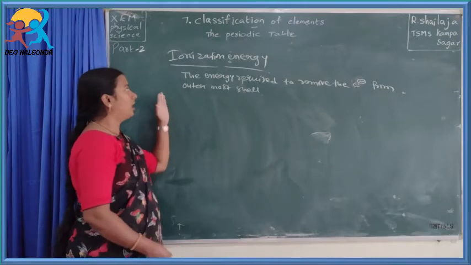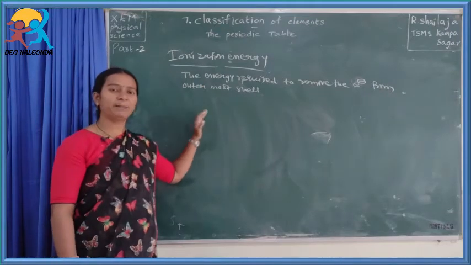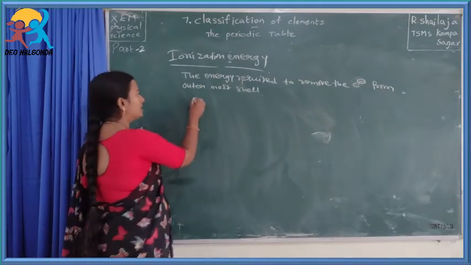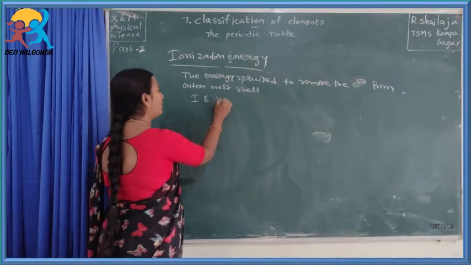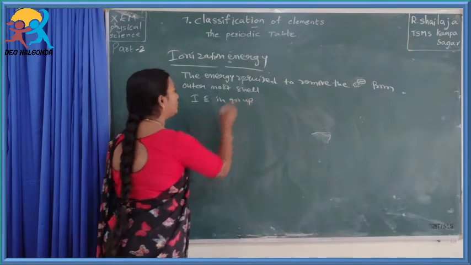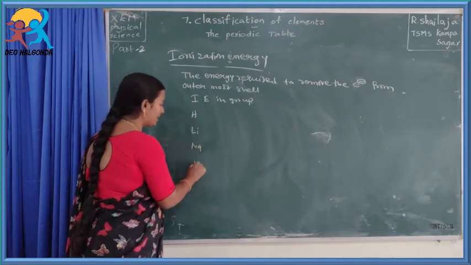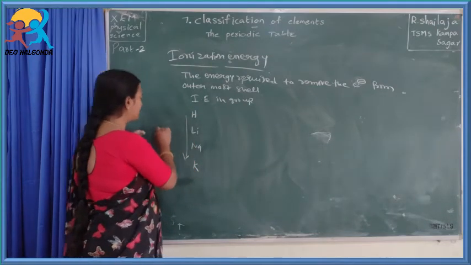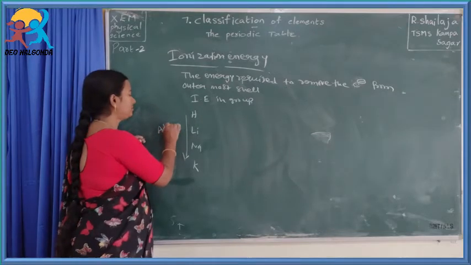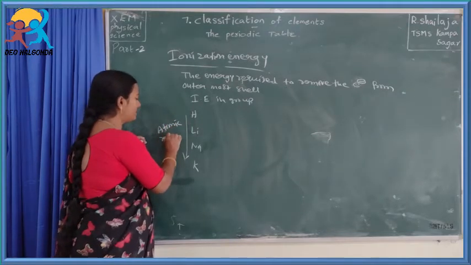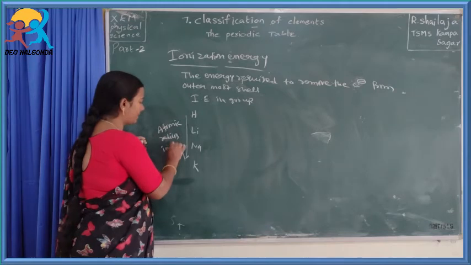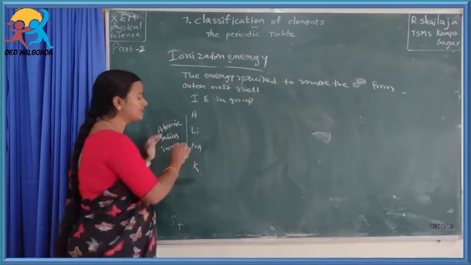So how does this ionization energy vary in the period and group? First, the ionization energy in a group. In a group you see generally hydrogen, lithium, sodium, potassium. Top to bottom, atomic radius increases.